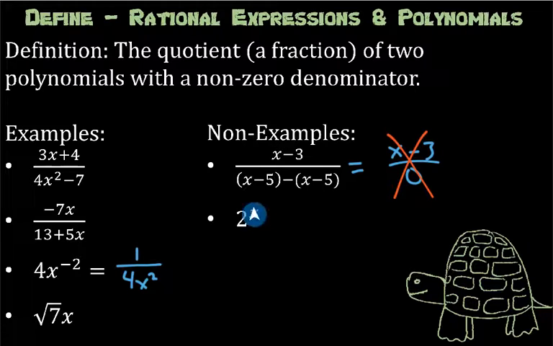In the next one, we have 2 to the x. That is not a rational expression because we cannot have variables in the exponents. If we had x squared, that would be just fine, but 2 to the x and x squared are totally different things. So 2 to the x is not a rational expression.